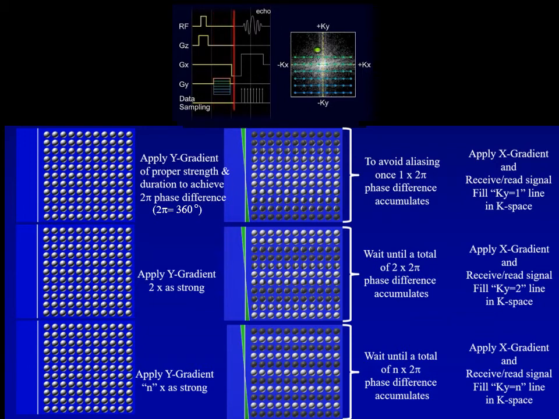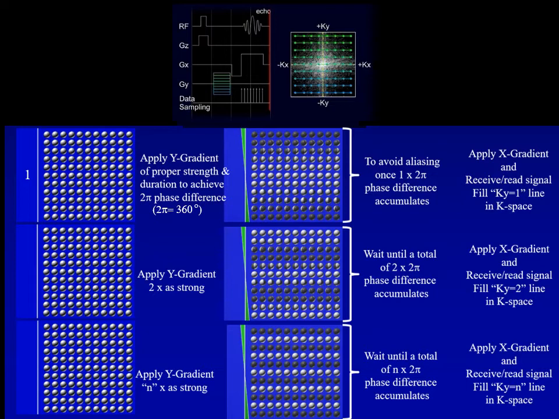For every increment in the y gradient, it's followed by the application of the x gradient and a filling of one line in k-space in the y direction. Then there's another increment in the y gradient, followed by the x gradient, filling another line. Now let's draw our attention to the spinning black and white balls in the next row of images below the pulse sequence diagram.